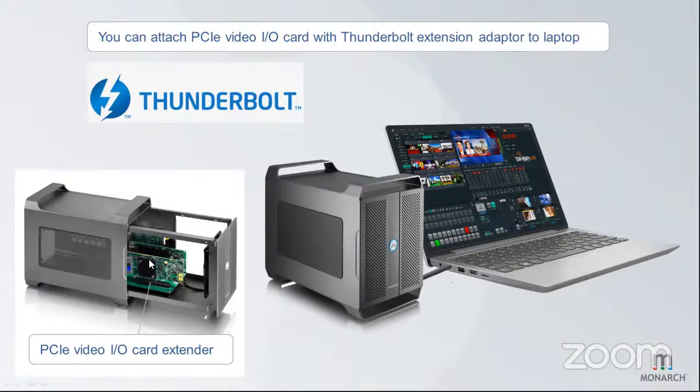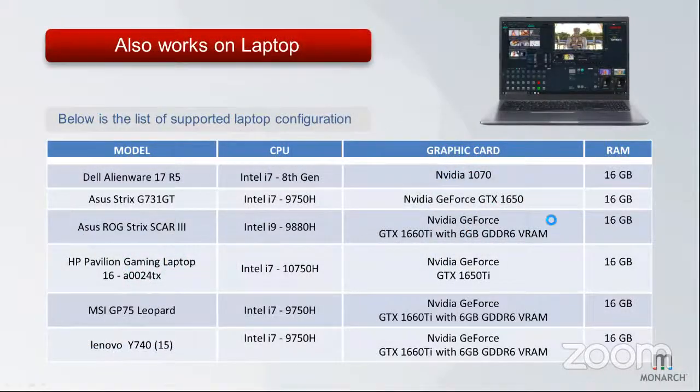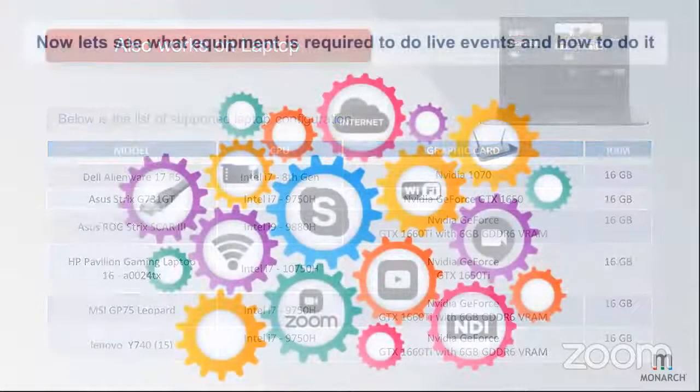So this gives you the ability to use your hardware for video input and output from this box and use it in a laptop. Again, the laptop configuration is defined here, and you will see.